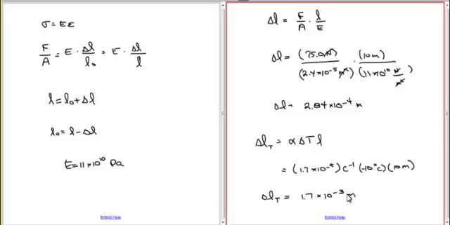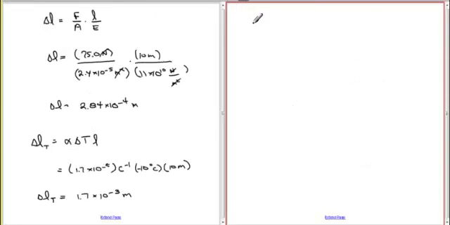Okay, so you can see that on the order it's almost 10 times the change in length just due to the original tension. So we're going to add those together. So our total delta L that we use in the calculations is 2.84 times 10 to the minus 4 meters plus 1.7 times 10 to the minus 3 meters.